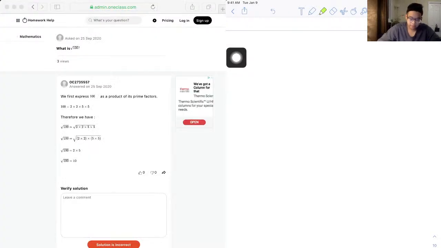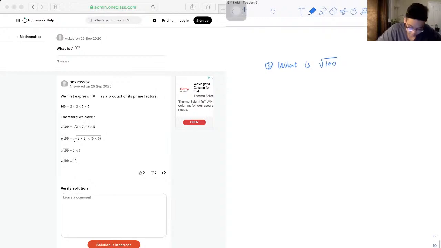Right, so coming up, third question today. What is root 100? All right. So first, let's express 100 as a product of its prime factors.